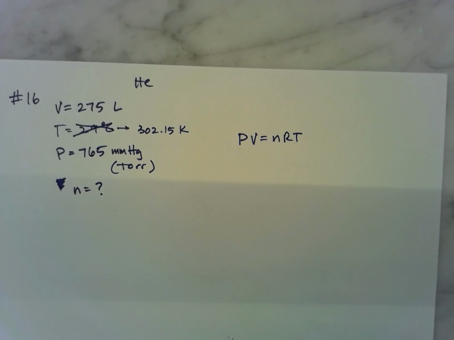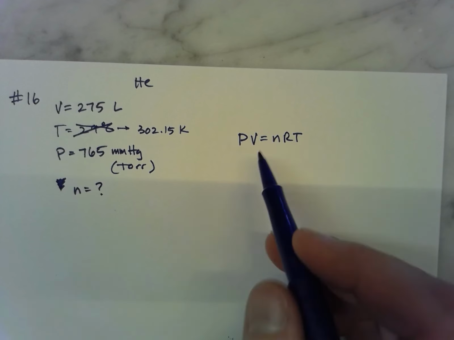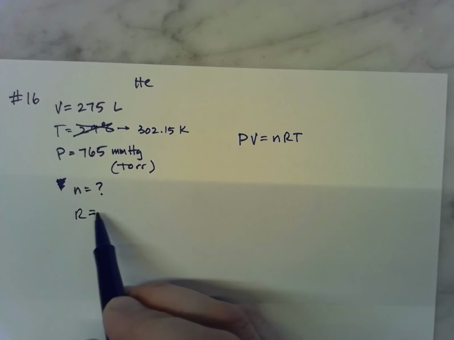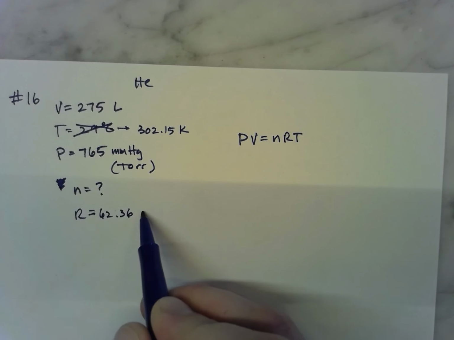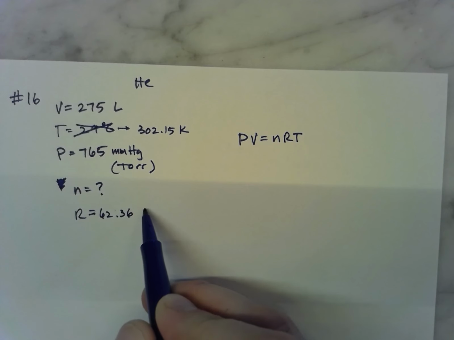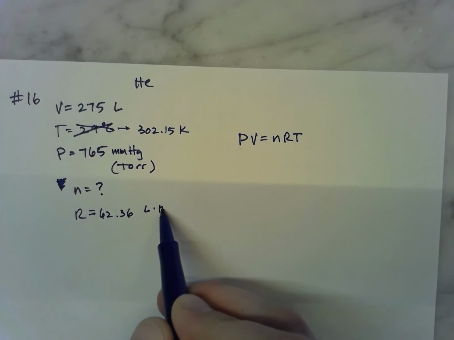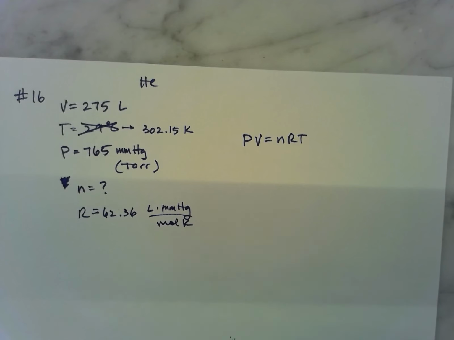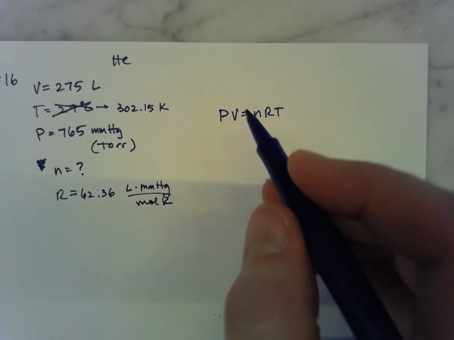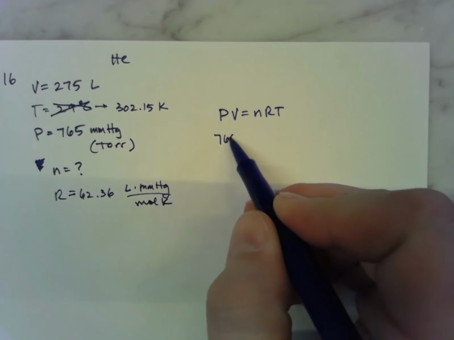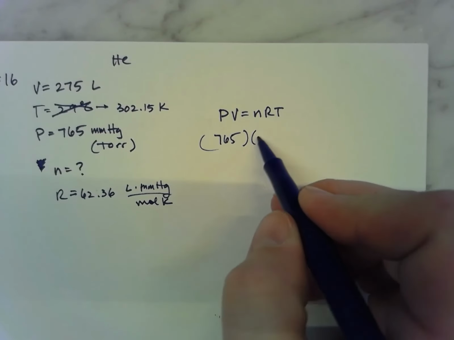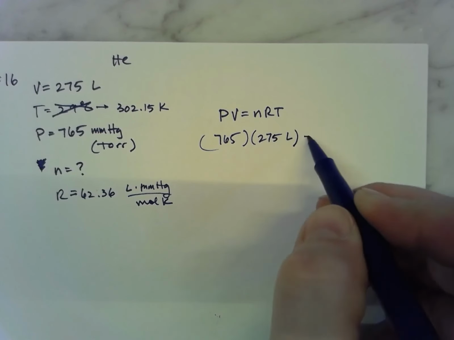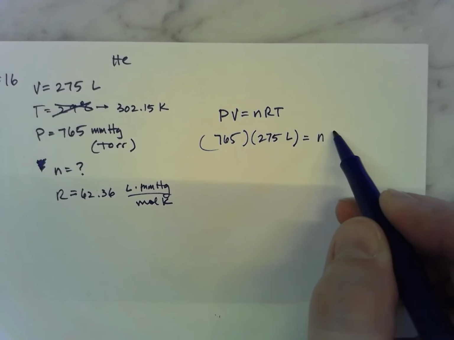All right, so for my money, I'm going with liters torr per mole K, that fifth one again that we used in our homework. All right, so then we plug in 765 millimeters Hg, 175 liters. n is what we're looking for, 62.36.